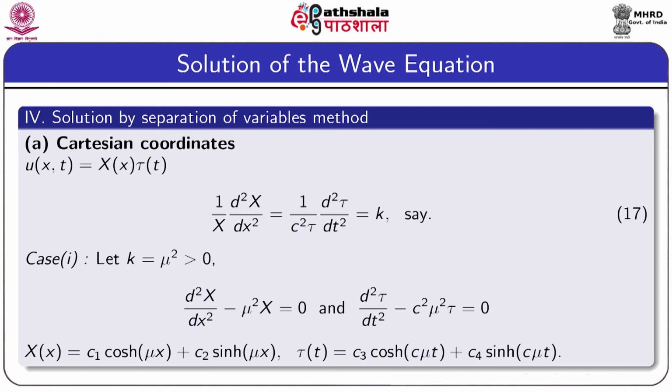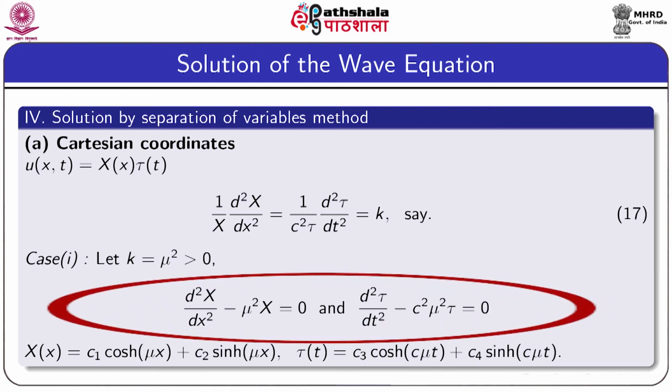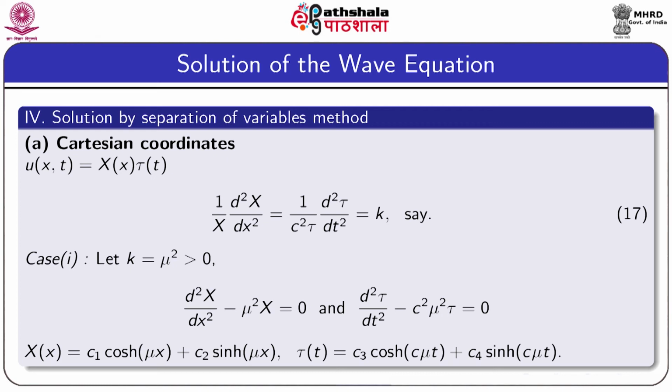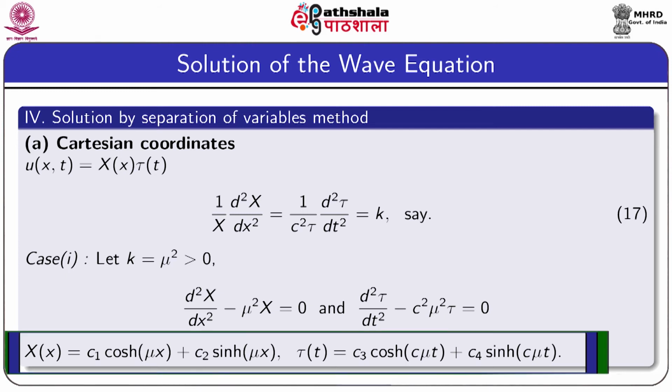In the first case, we assume our separation constant as some positive constant. So, we assume k is equal to mu square, where mu is a real number. Substituting that, we obtain two separate equations for capital X and tau, and it is easy to solve both equations, and the solutions are given here.